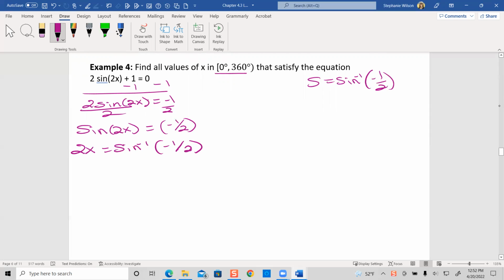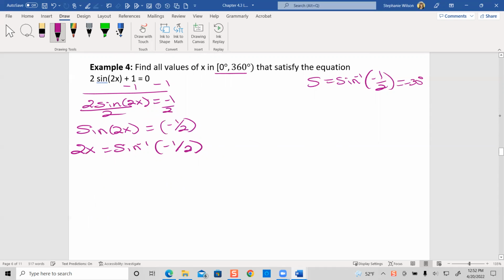We are talking about degrees, so make sure you change the mode on your calculator so that you're in degrees. Some of you may have to use shift to get to it, it just depends on what your calculator is. So I'm going to take the sine inverse of the negative half. I keep wanting to throw that negative out front. And that gives me negative 30 degrees.